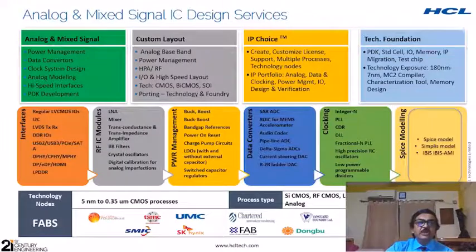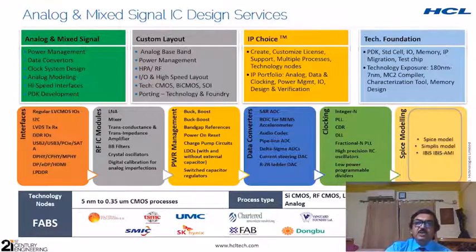A quick look into the analog and mixed signal IC design services that we have. On the left hand side, you can see different domain competencies like power management, data converter, clock and analog modeling, high-speed interfaces, and next to that we have a custom layout team, a very strong team of 350 plus analog layout engineers, very competent even in 5 nanometer and 7 nanometer layout design.